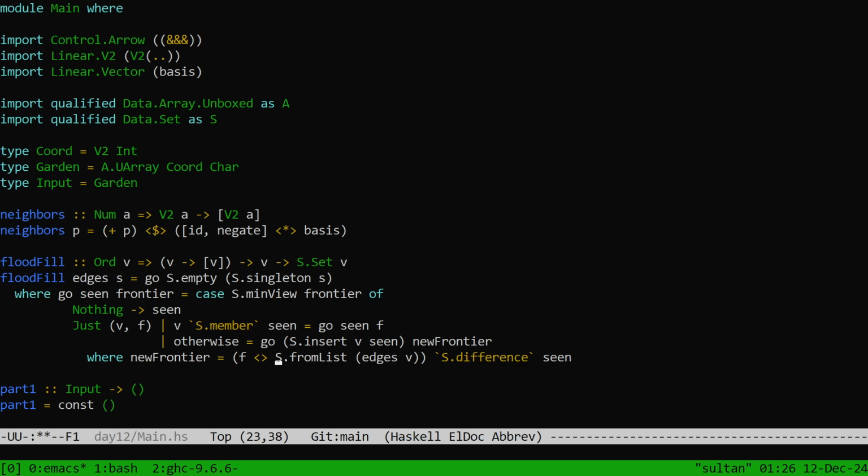Don't add this to f and then subtract seen, because that's going to be large. What I want is f and then add to f the edges of v minus the ones we've already seen. So I think we could actually drop all the parentheses there.